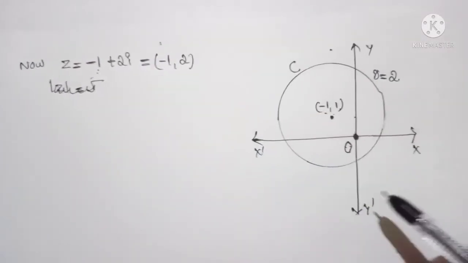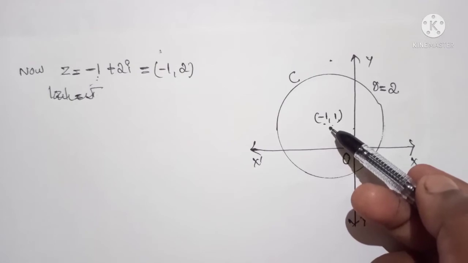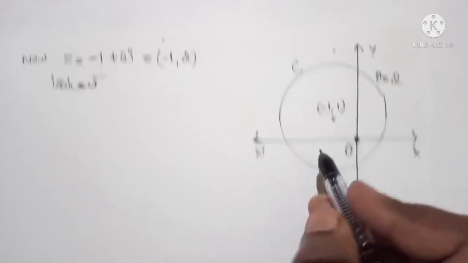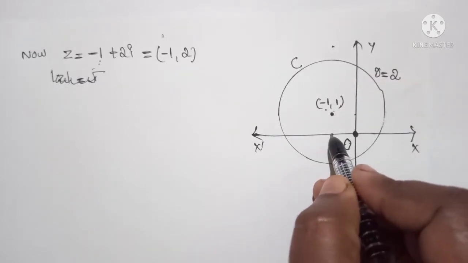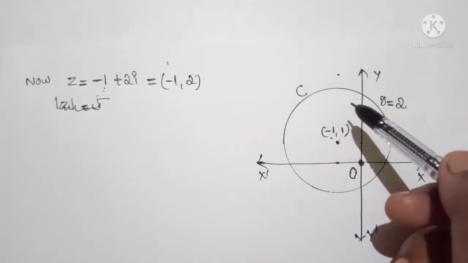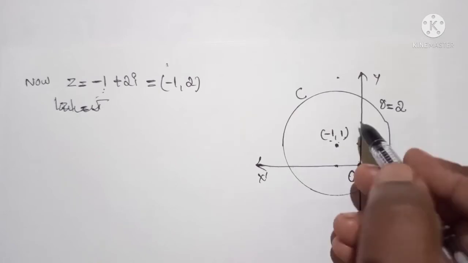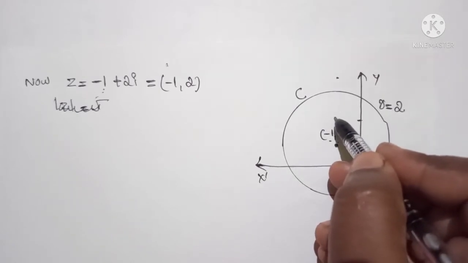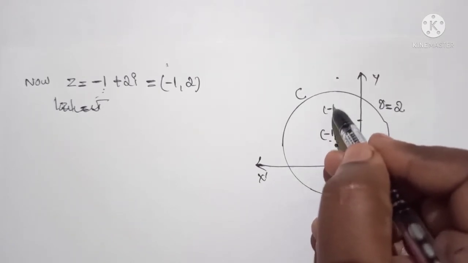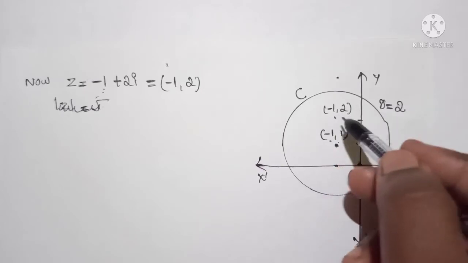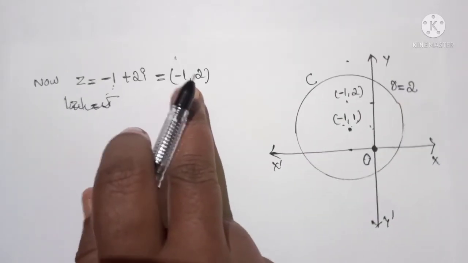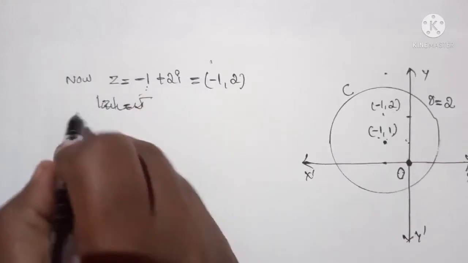Here it is minus 1, and on the positive axis it is 2, somewhere here. So minus 1 comma 2 lies inside the circle.